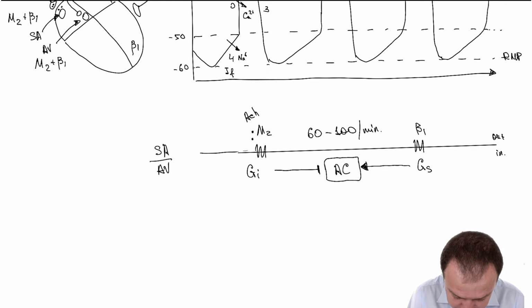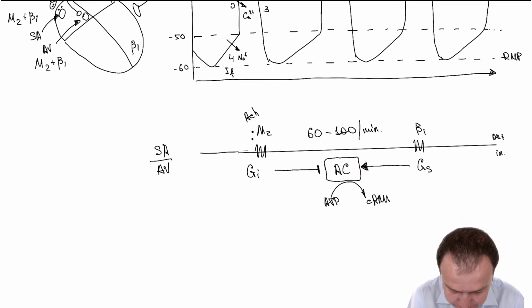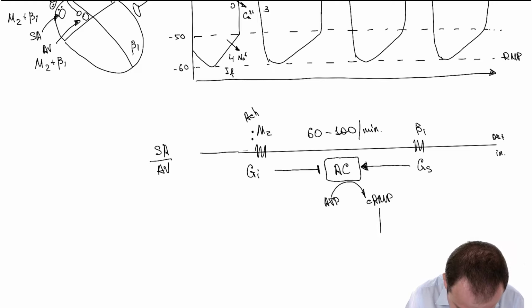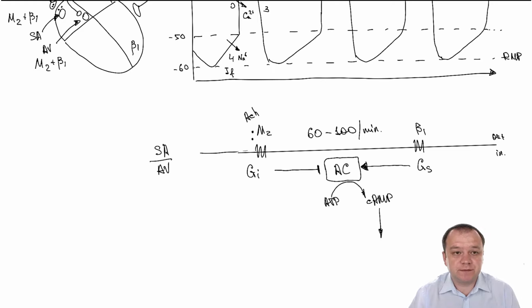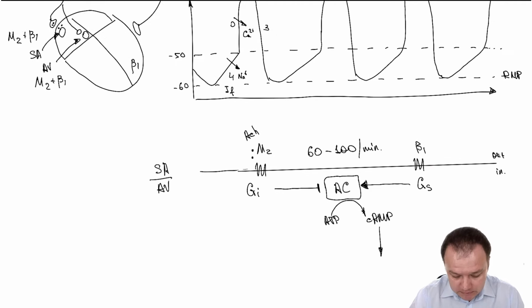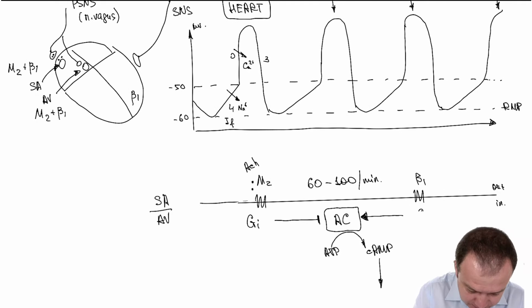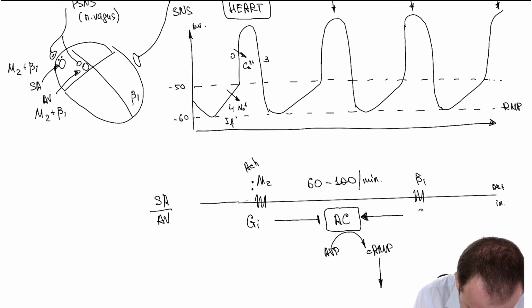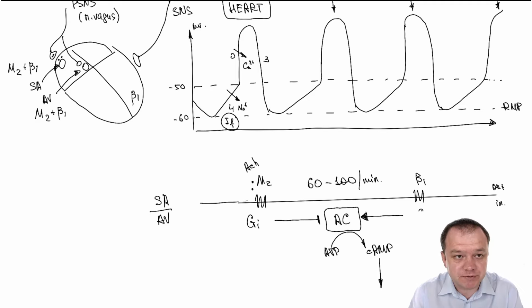Adenylate cyclase converts ATP to cyclic adenosine monophosphate, and this cyclic adenosine monophosphate level regulates the activity of these funny channels, regulates expression of these funny channels, and also regulates potassium current.